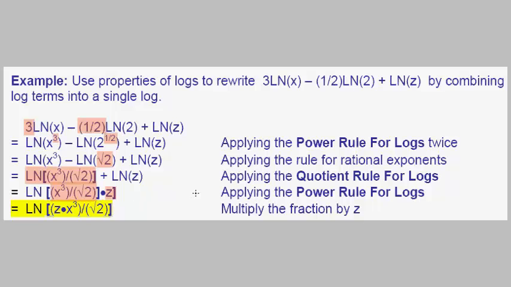That's our u and v from our product rule. Now we can write that final answer with the x cubed multiplied by z and put it all over the square root of 2. And the final answer is natural log of z times x cubed all over square root of 2. And keep in mind that we're taking log of that whole quantity.